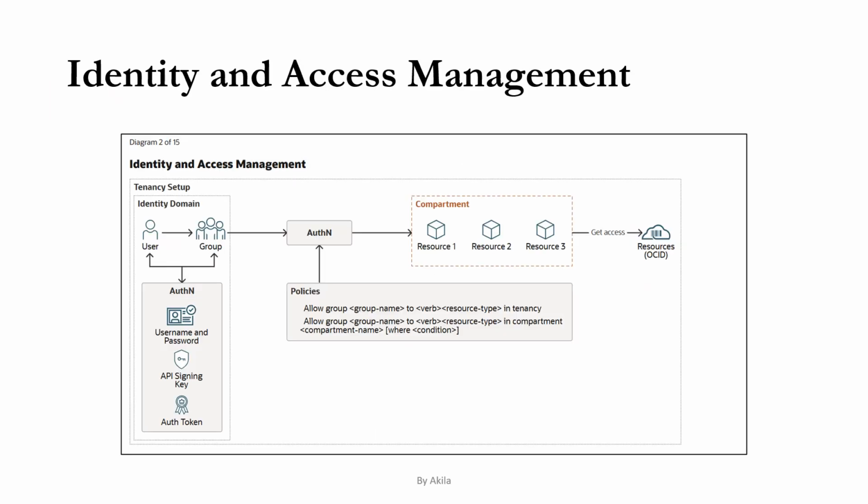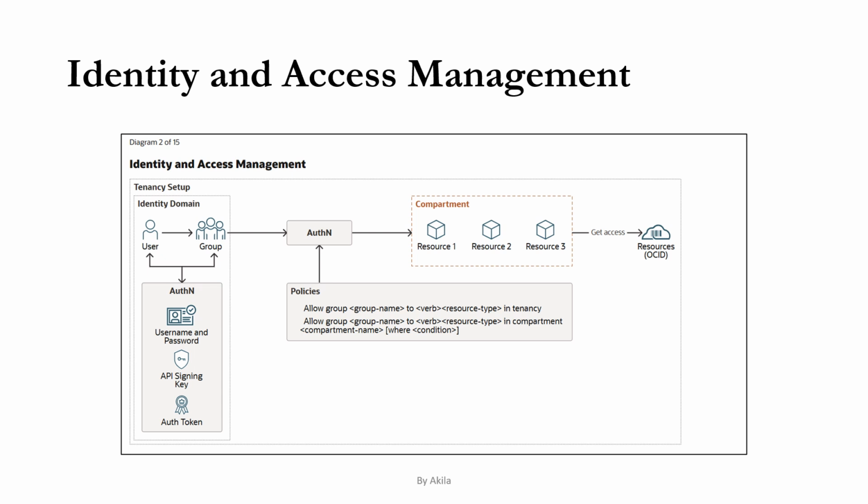So this is the architecture of identity and access management. In the slide, we need to set up a tenancy setup that consists of an identity domain. In this identity domain, a particular user and a particular group of people can access the entire resources or particular specific resources.